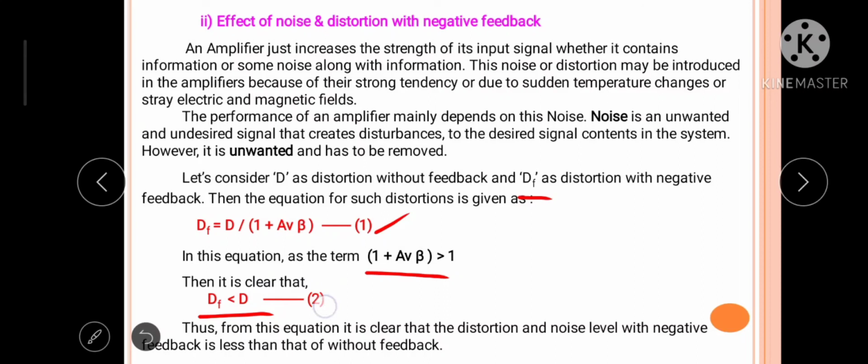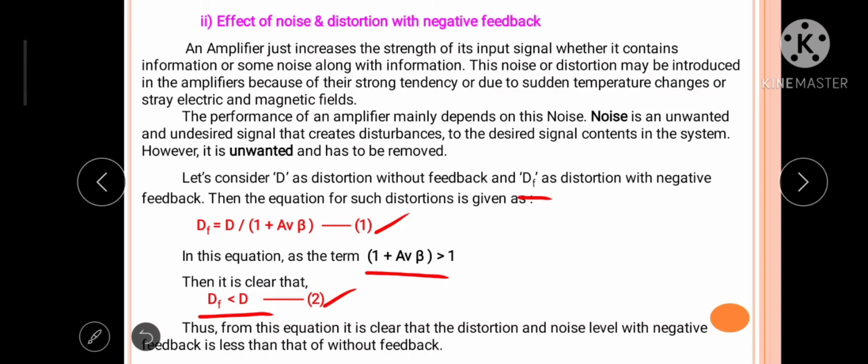We are taking this as equation 2. Again from this equation 2, it is clear that the distortion and noise level with negative feedback is less than that without feedback. So again, we can conclude that negative feedback reduces the noise and distortion levels.